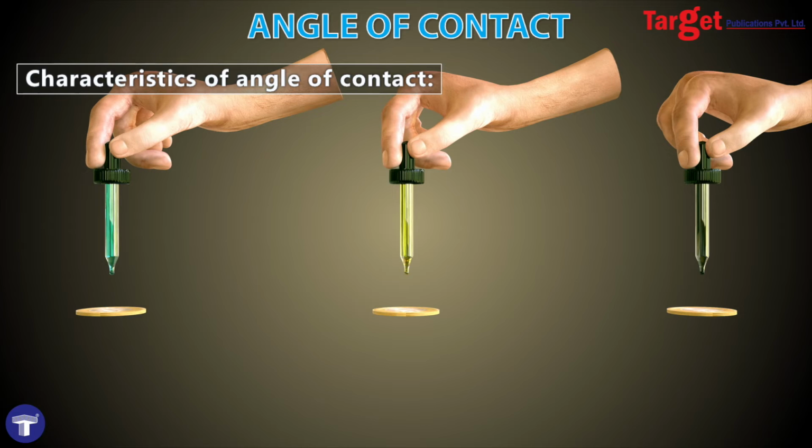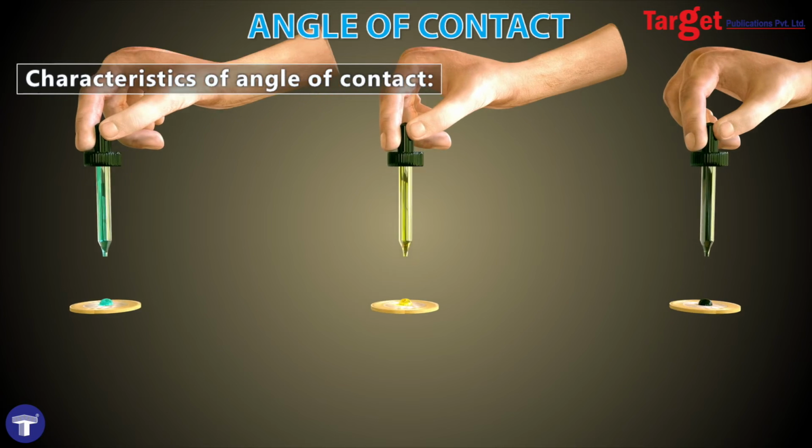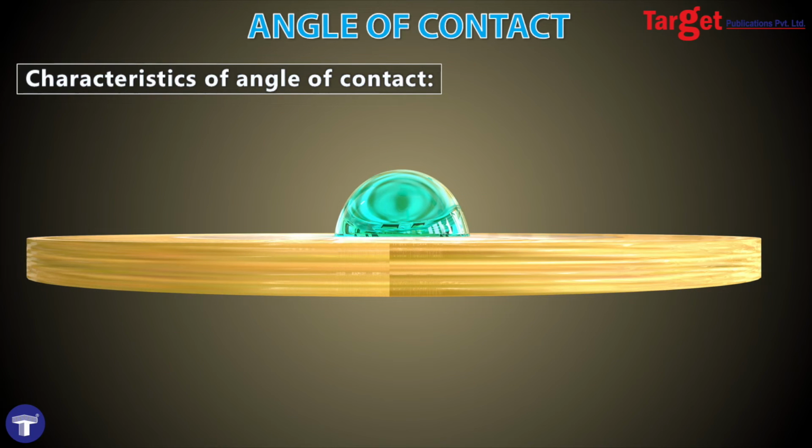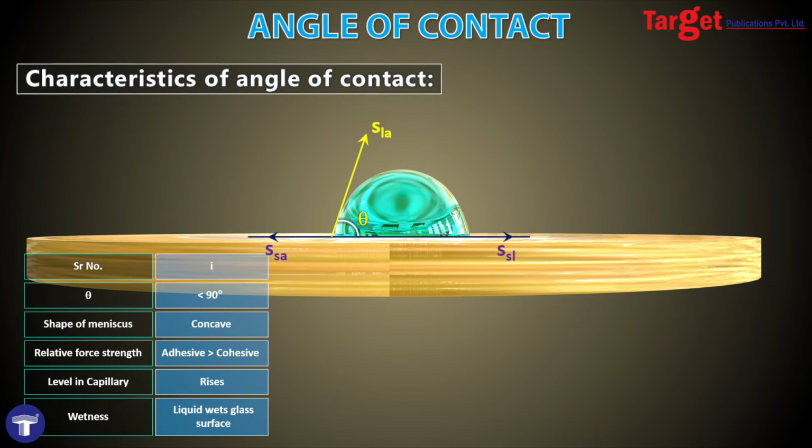In these three distinct cases, when a drop of a liquid is made to rest on a surface, we observe three different conditions. In case of a liquid that wets the surface, we see that the angle of contact is less than 90 degrees.